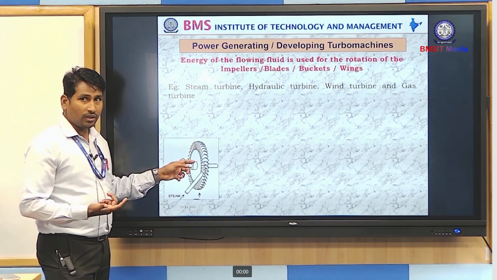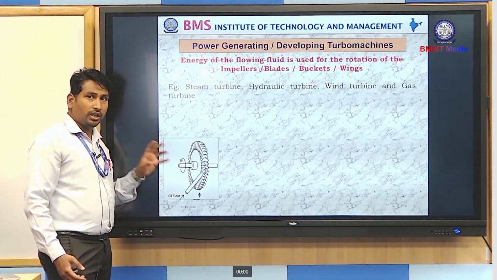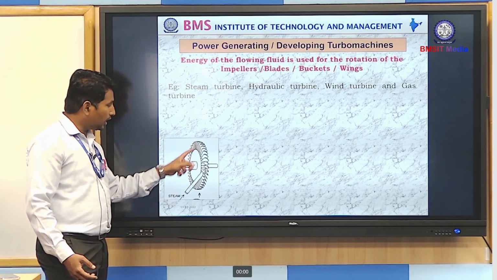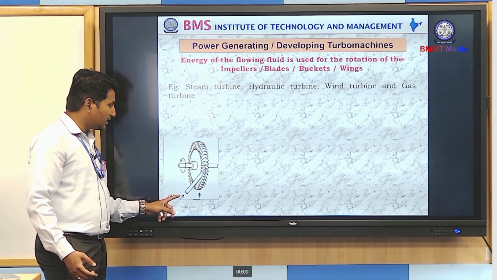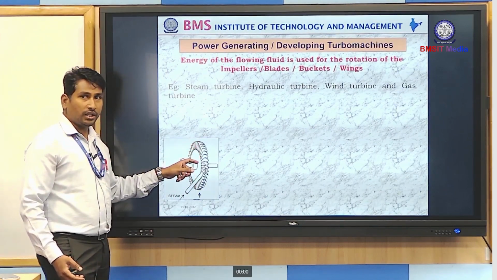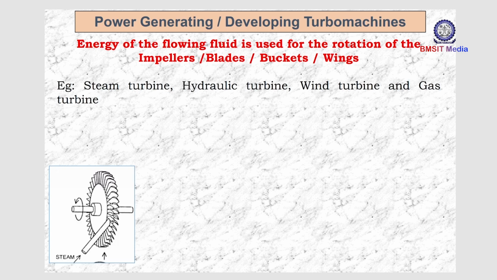As a basic definition, I already explained that to call any machine a turbo machine, there should be a rotating element and a fluid interaction. So here the wheel or rotor is rotating and the fluid, steam, hits the blades or the rotor. Because of that, the rotor starts rotating. The working medium is the steam and the rotating element is this rotor. The combination of these two, we can call a turbo machine. Generally, as the input fluid is steam, we call it a steam turbine.